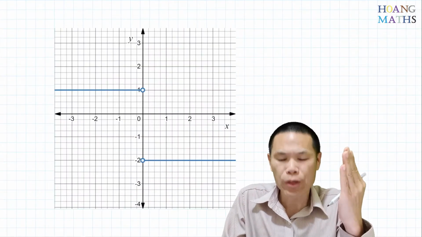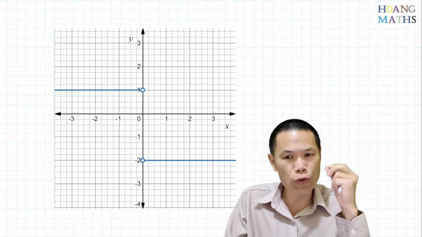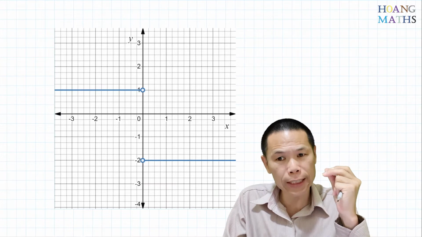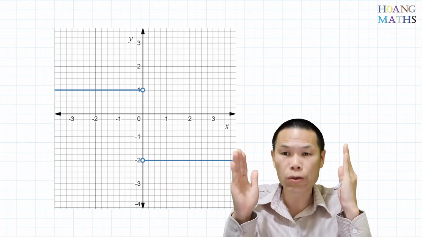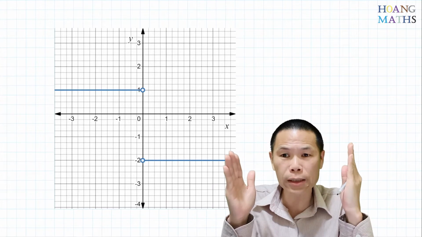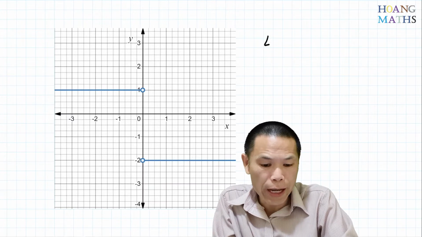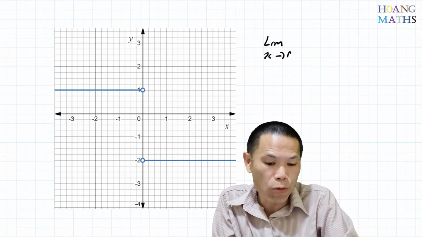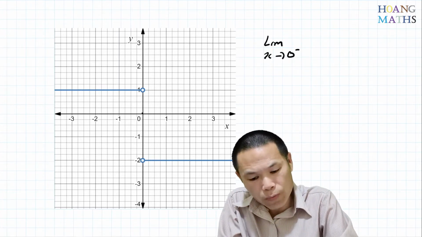This function here, let's find out what happens when x approaches 0. Remember, in order for the limit to exist, the left-hand side limit must be equal to the right-hand side limit, otherwise it doesn't exist. So let's find the limit as x approaches 0 minus, the left-hand side of 0.